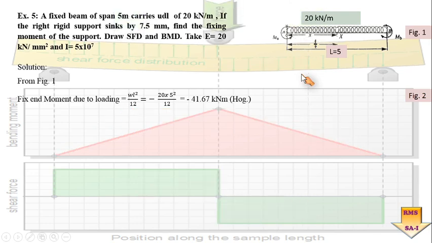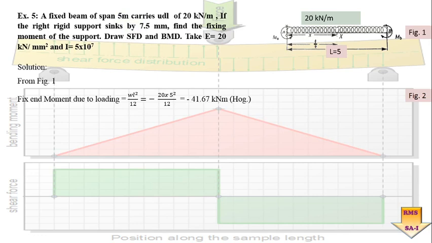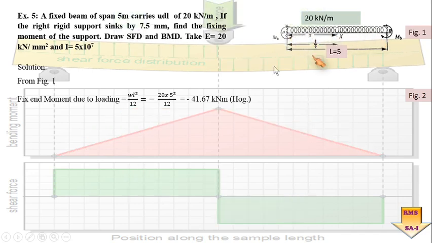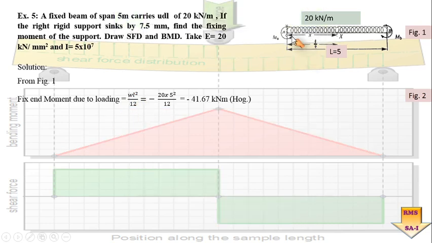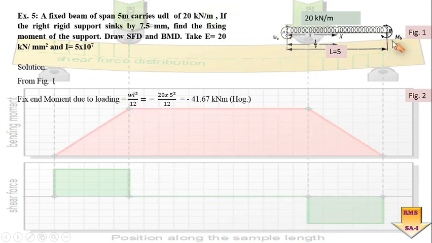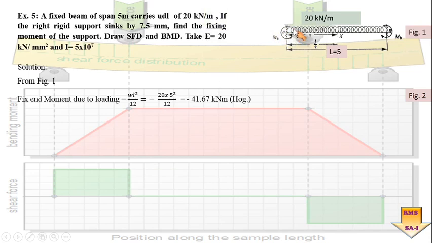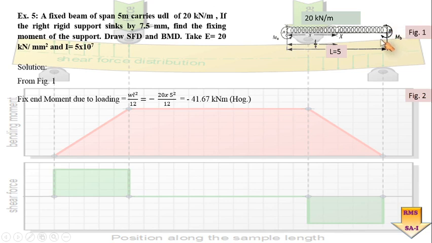So from the first figure we can work out the value of fixed moment due to the loading imposed on this particular beam, and we know for the standard case of a UDL imposed throughout the length, the fixed moment is equal to WL square by 12, and this magnitude is the same at A as well as at point B, only with the difference that at A it is in the anti-clockwise direction, so it is negative, and on the right hand side it is clockwise, so it has to be treated as positive.